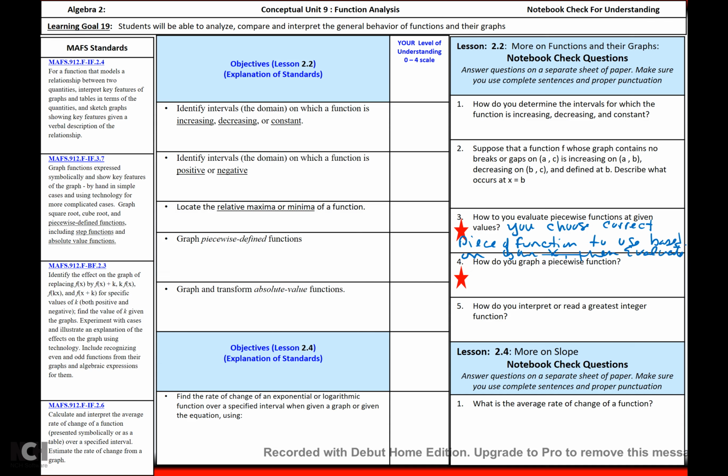How do you graph a piecewise function? You do each piece separately. Plug in the boundaries and 1 or 2 more points to plot and graph.